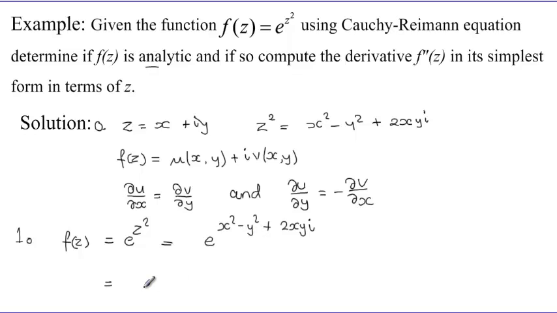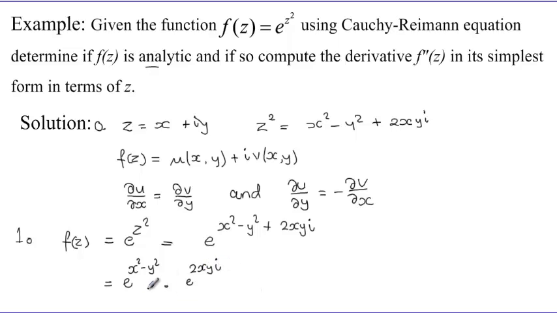Applying rules of exponents, we can write this as e to the power x squared minus y squared multiplied by e to the power 2xyi.